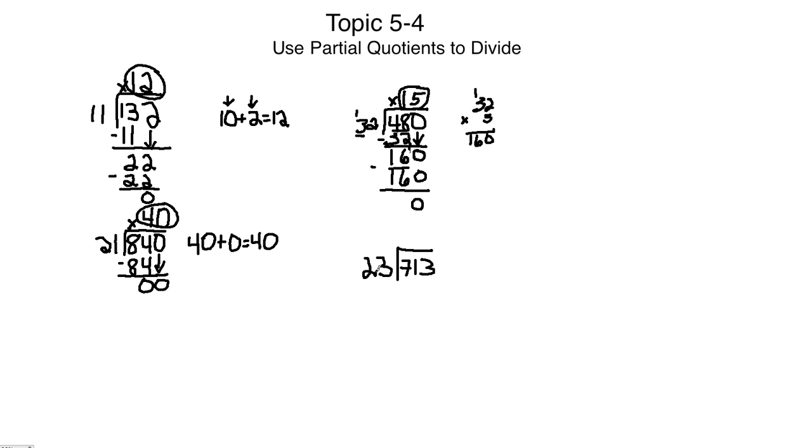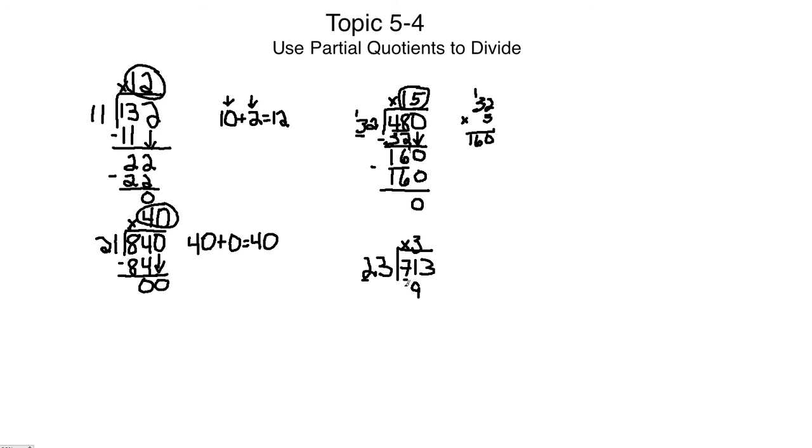All right, so 23. How many times can 23 go into 7? It can't. How many times can 23 go into 71? Now again, I don't know for sure, but I can say 2 goes into 7 3 times. So let's try that. What's 3 times 3? 9.